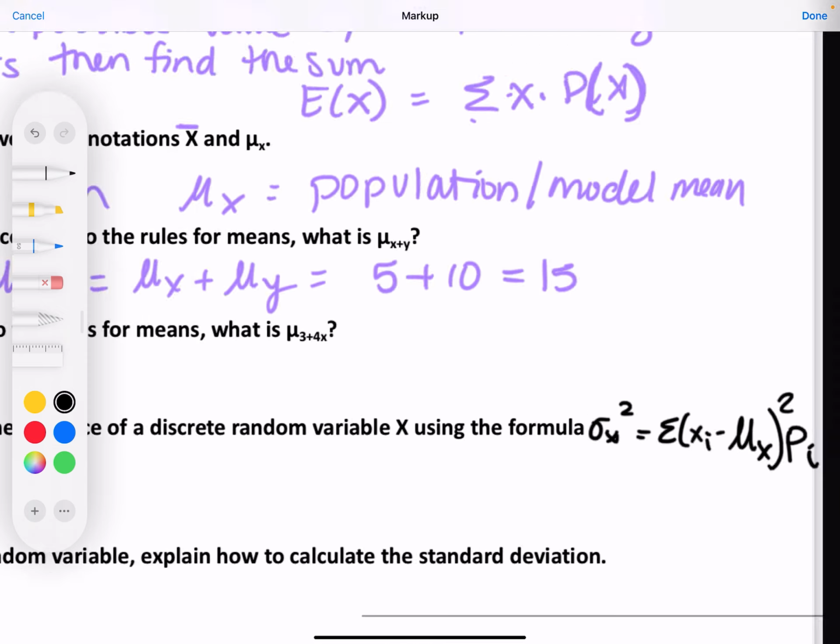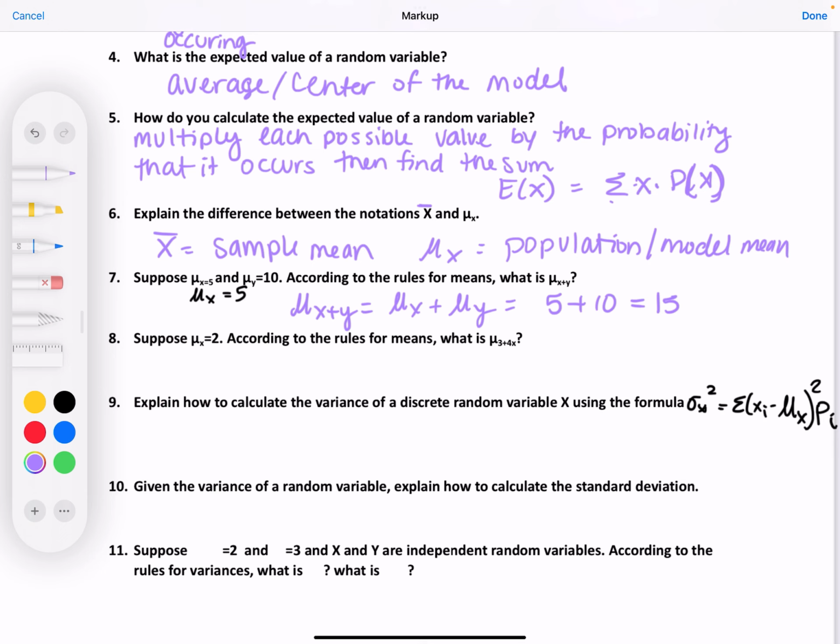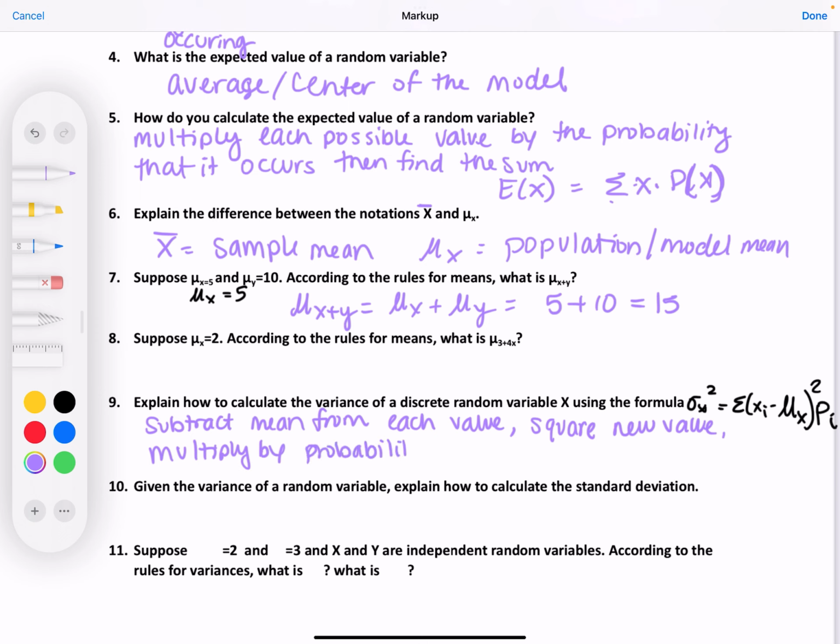So to calculate the variance, we subtract the mean from each value. That's what's happening inside the parentheses. Square the new value, so that's what's going on in the parentheses being squared. Then multiply by its probability, which is the p sub i. And then take the sum of it.